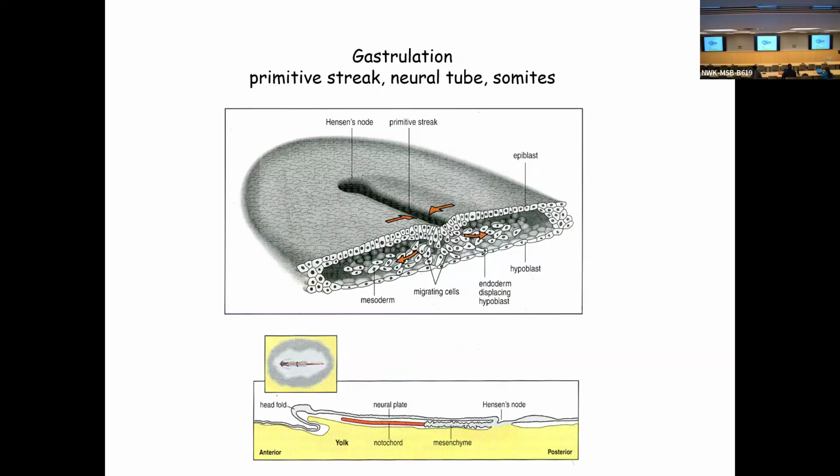So everything is derived, concatenated. So I have inner cell mass of a blastocyst, epiblast, hypoblast, and now from the epiblast, there are cells that ingress through the streak and egress underneath the ectoderm, and they become mesodermal cells.